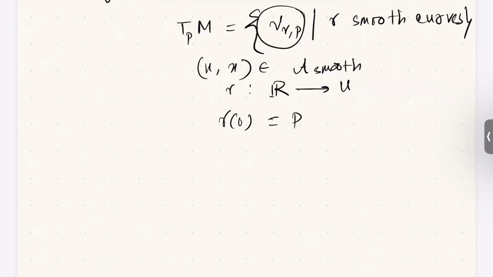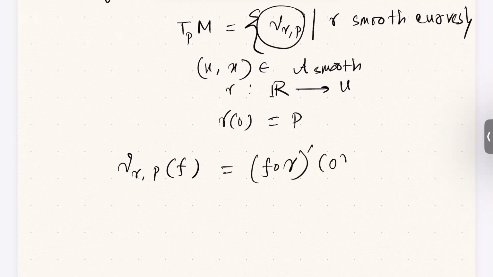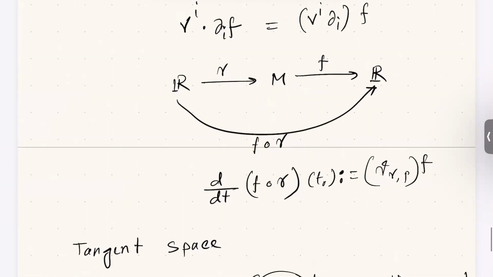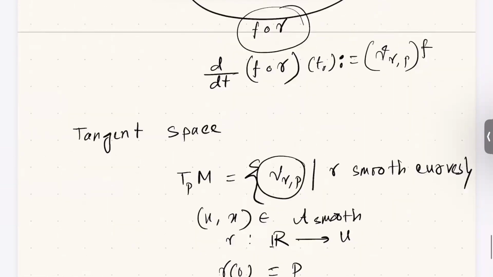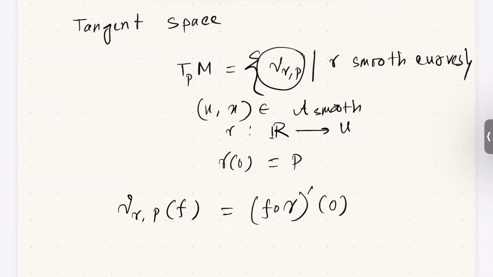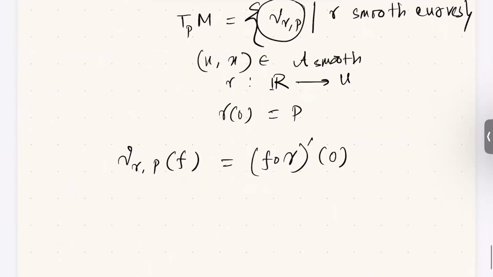Okay, then v_γ,p f is basically (f∘γ)'(0). This is f of γ, and since I'm considering γ(0) equals p, I have to evaluate this thing at 0.